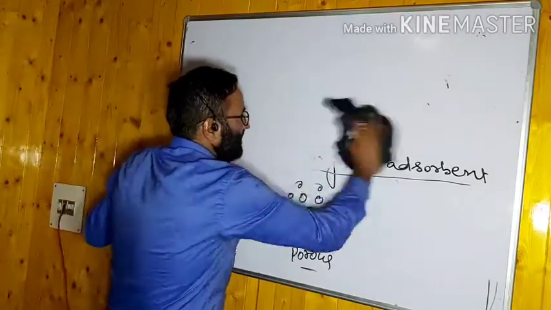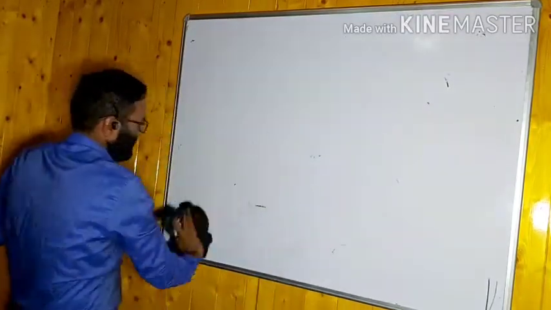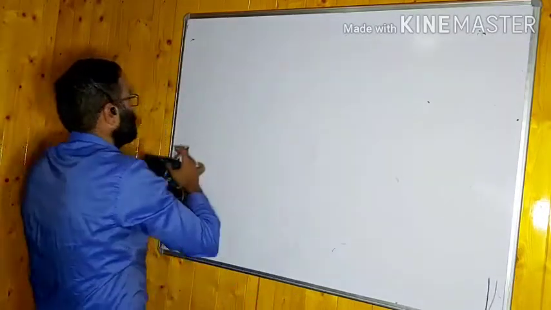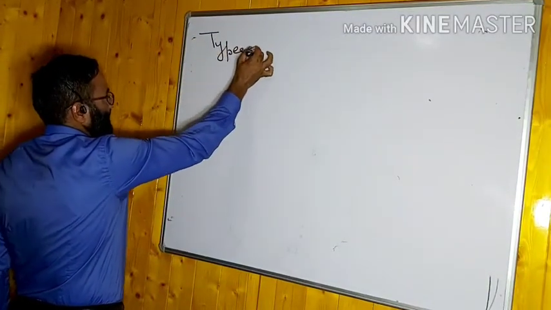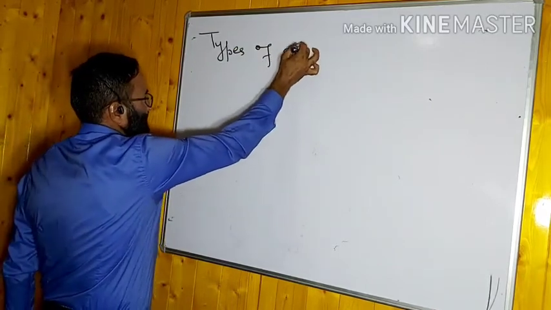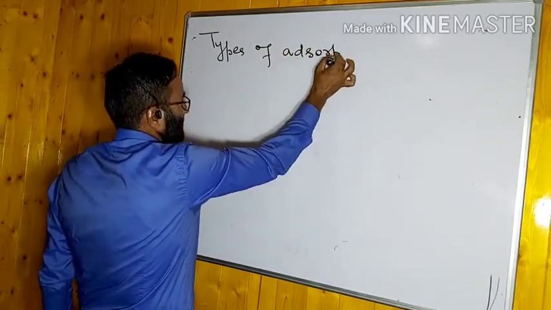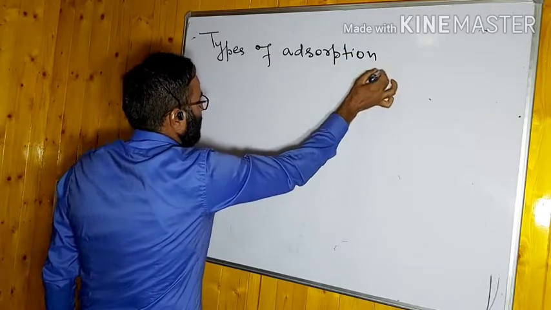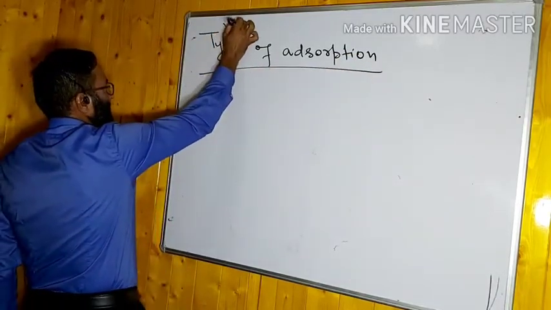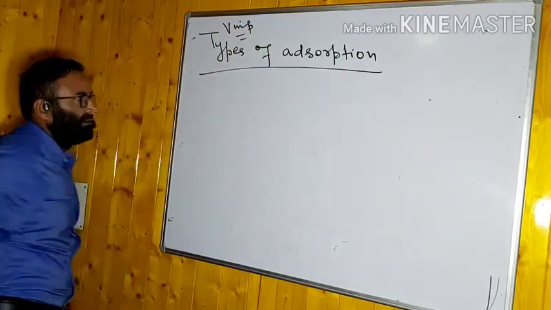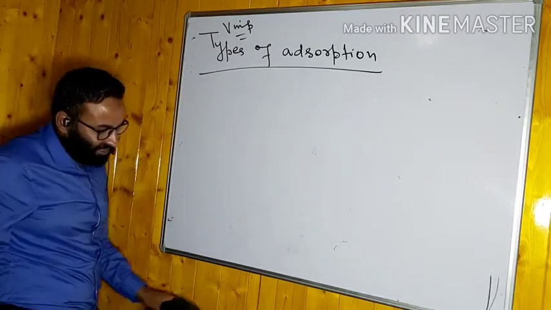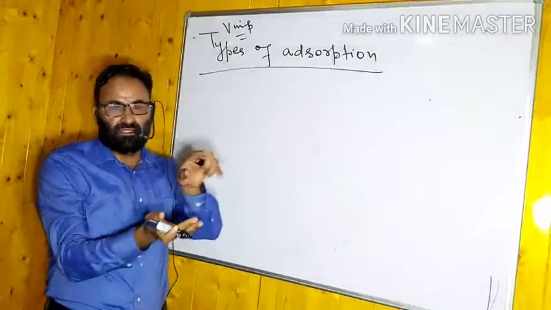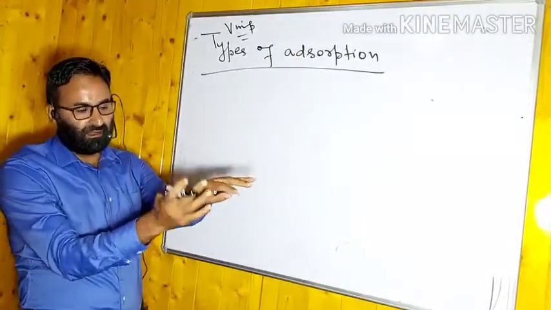I will list the important topic, types of adsorption. We will discuss the fourth topic, types of adsorption. This is a question which comes in the exam. This is a very important topic, types of adsorption. On the basis of interaction between the adsorbate and adsorbent, let us say this is adsorbate, this is adsorbent.